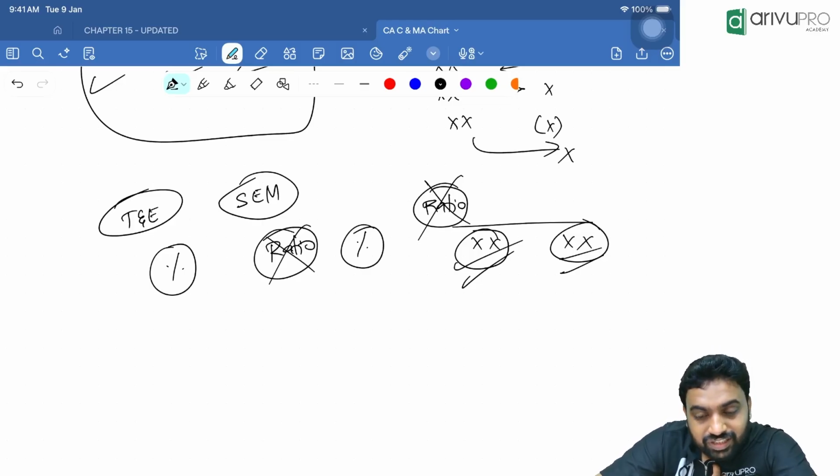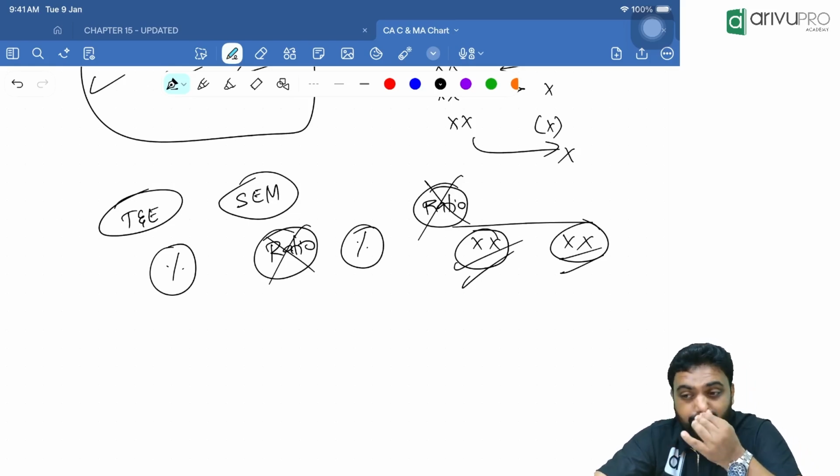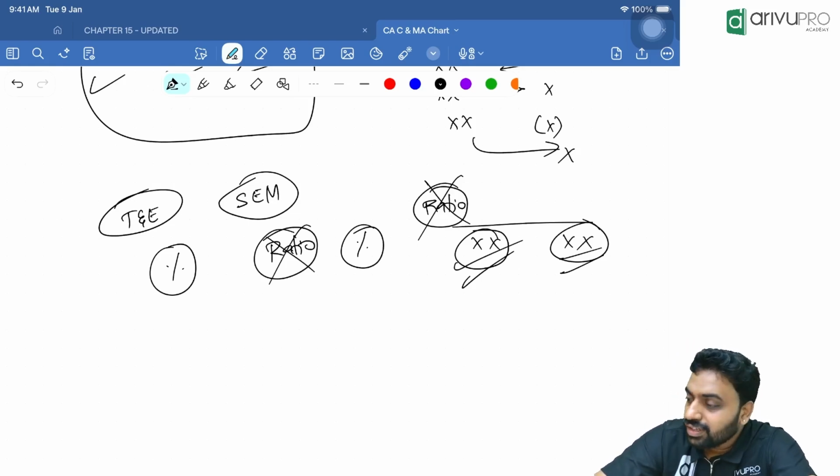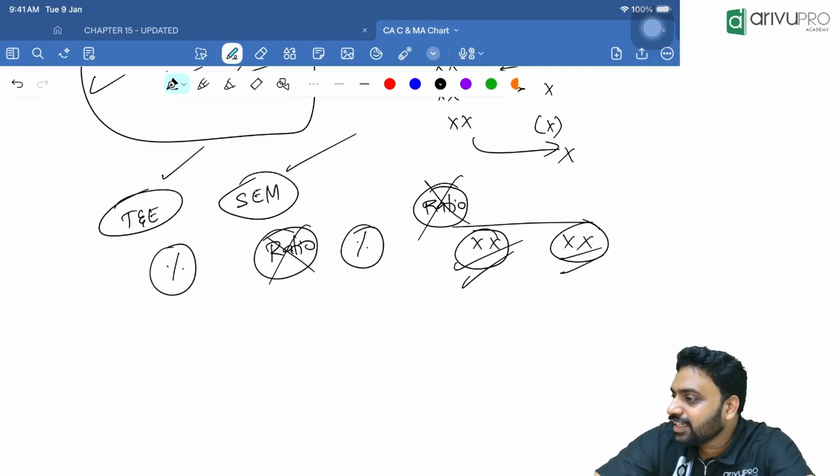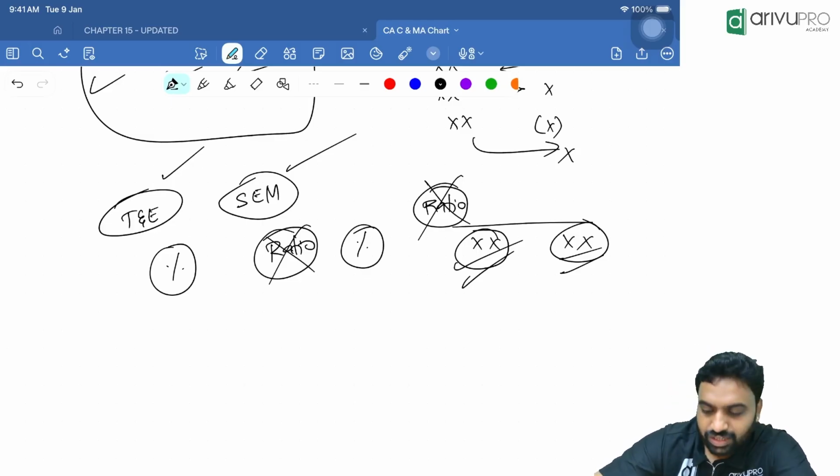We redistributed the same amount again and again, so the full amount should not get distributed. If we take ratios, the full amount will get distributed, and that should not happen. That's the reason we go for percentages rather than ratios in trial and error as well as the simultaneous equation method. When we see the sum, we will understand it.